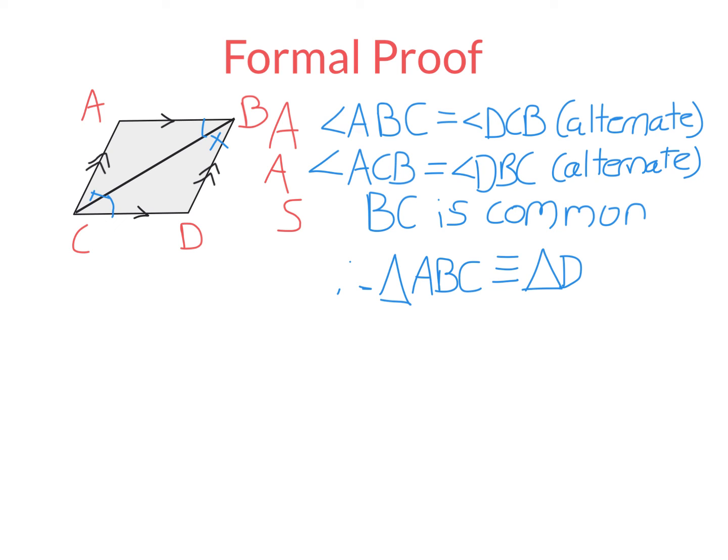So notice in ABC, this angle here at B corresponds to this angle at C. So B in the first triangle corresponds to C in the second triangle, and vice versa. C in the first triangle corresponds to B in the second triangle. So that's the congruent statement, and I'm just going to write the test I used, which was AAS, and my formal proof is complete.